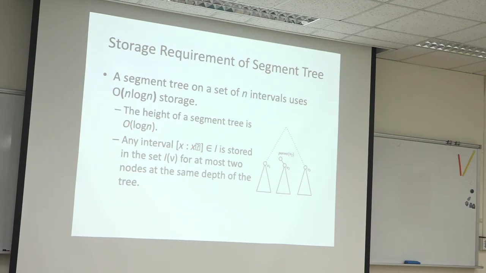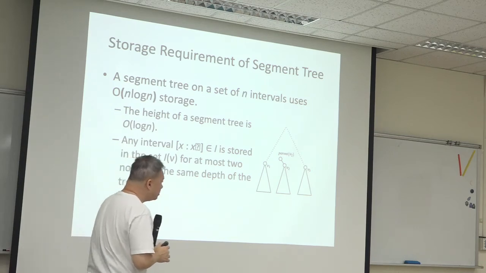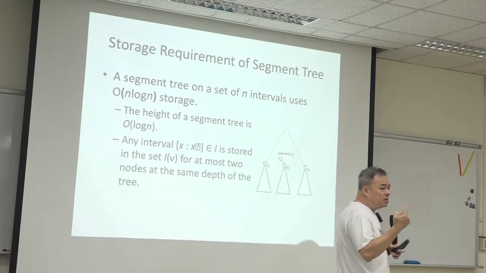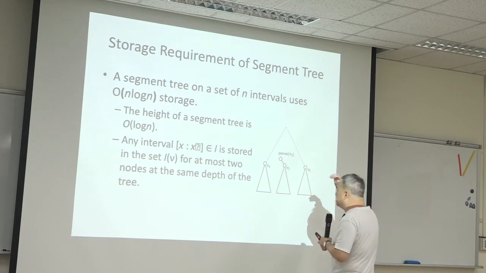And we also know that any interval x prime is stored in the set I_V for at most 2 nodes at the same depth of the tree. Why do I say that? Because think about this.